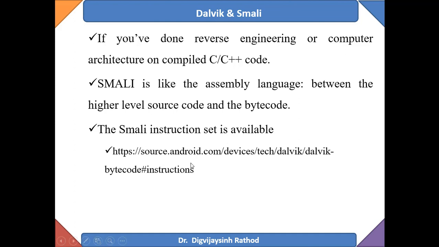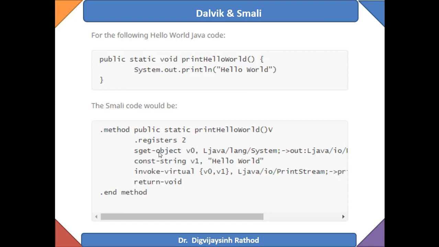Here I have given the link where you can find the syntax that Smali normally uses to represent the Dalvik bytecode in human readable code, so you can revisit this link. Now the simplest example: public static void, then a method name, and you write System.out.println, which is used to display the message hello world.